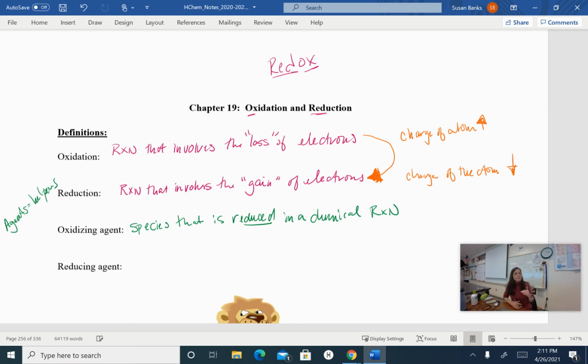Okay? Because being reduced grabs those electrons and helps the other thing get oxidized. So the reducing agent, therefore, is the species that is oxidized in a chemical reaction.